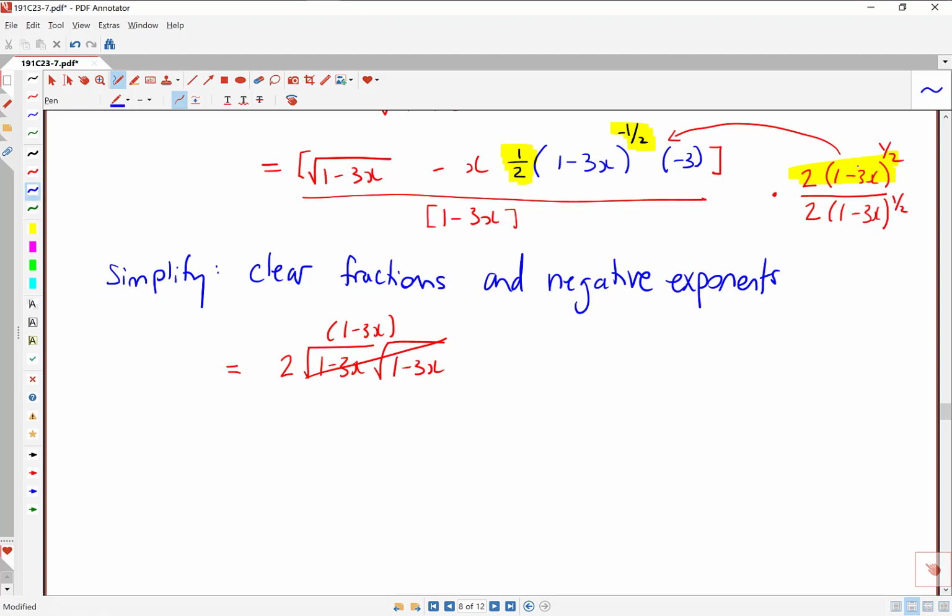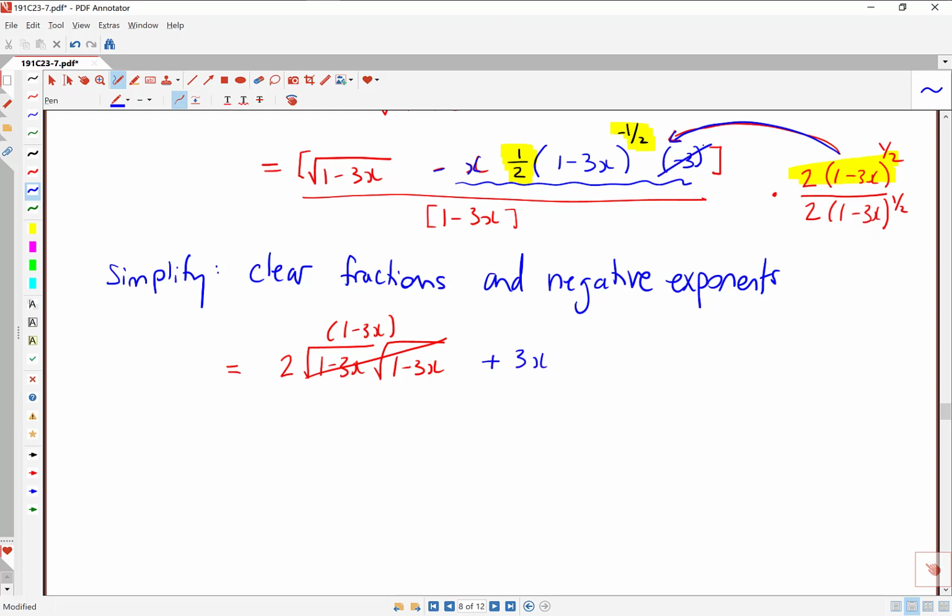We're taking this 2 times 1 minus 3x to the half and multiplying it with all this stuff here. Let's think about the sign. We're going to have a minus from here, we're going to have an x, and we're going to have the minus 3 multiplying with that as well. So in fact, it's going to turn into a positive 3x.